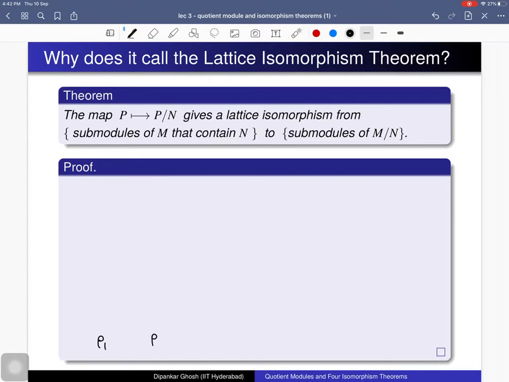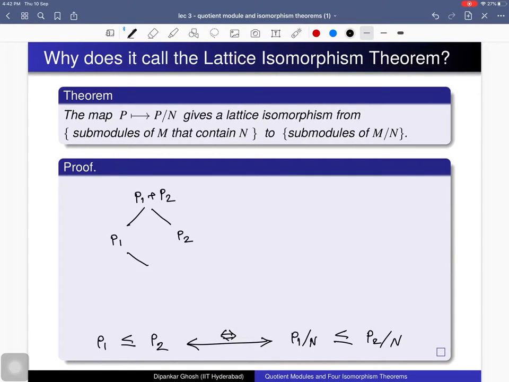So you consider two submodules P1 and P2 of M such that they contain N, and then the corresponding submodules of M mod N are P1 mod N and P2 mod N. Now P1 is contained in P2 if and only if P1 mod N is contained in P2 mod N. Moreover, you consider these two submodules and their supremum, that is P1 plus P2, and their infimum, that will be the intersection of P1 and P2.